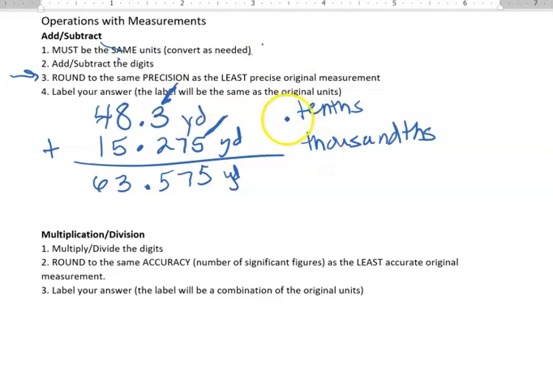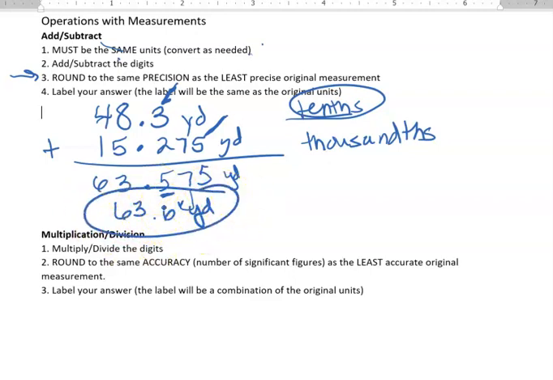So the least precise is to the tenths. So I need to come into my answer and find the tenths position and then round using conventional rounding rules. So 7 says to bump that up, so it would become a 6, and I would end up with 63.6, and then make sure I add on my label. So those are your rules for when you add, same rules for when you subtract.